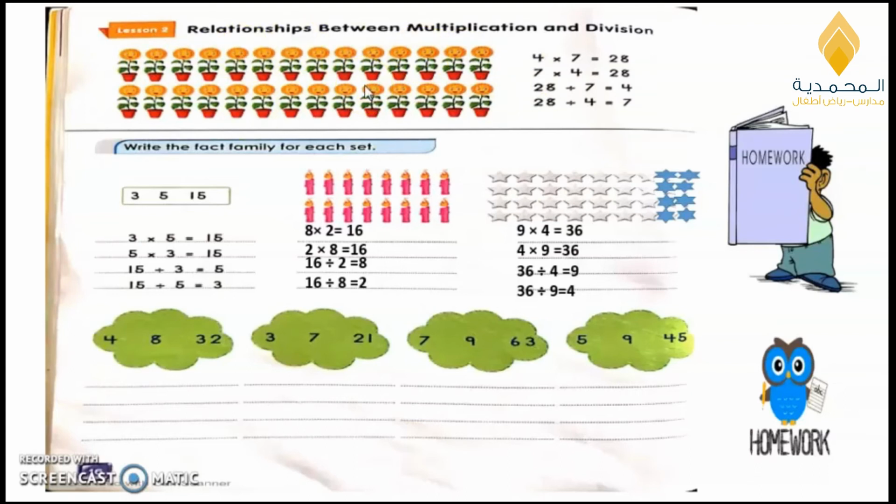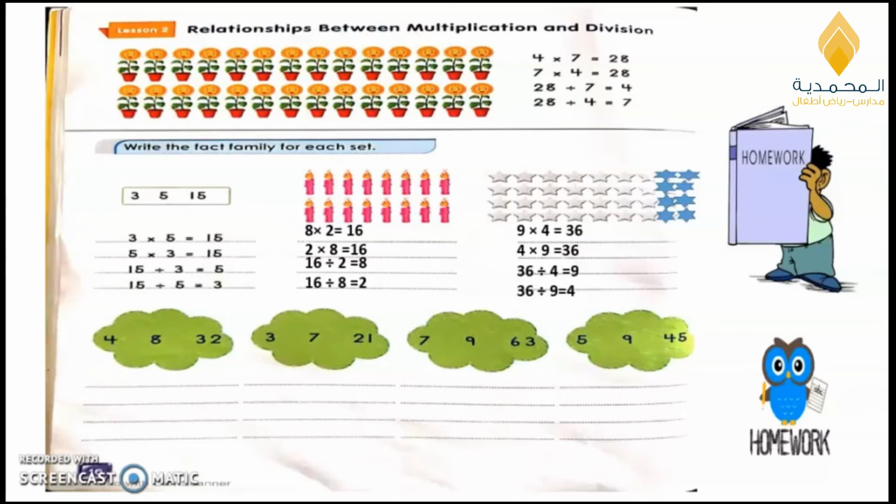We can write the multiplication sentence as 4 multiplied by 7 equals 28, or 7 multiplied by 4 equals 28. These are the two multiplication sentences that we can write using this picture of flowers, okay?